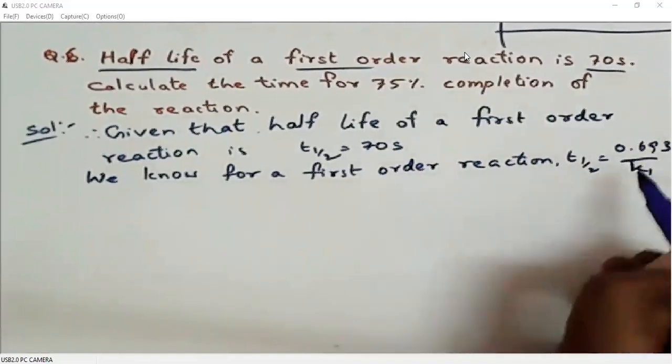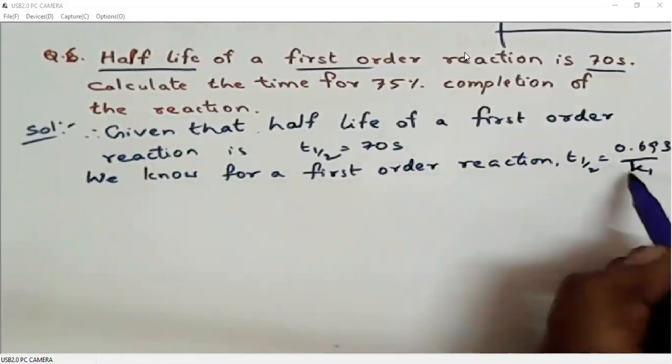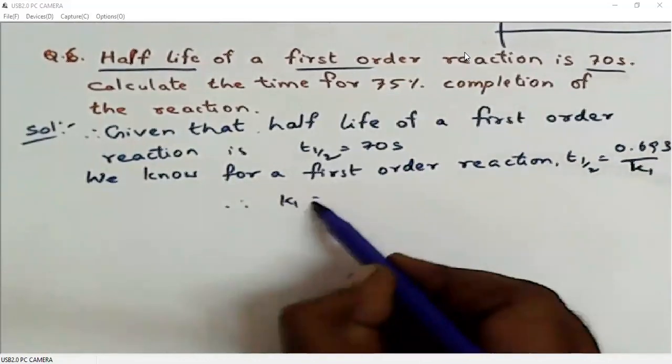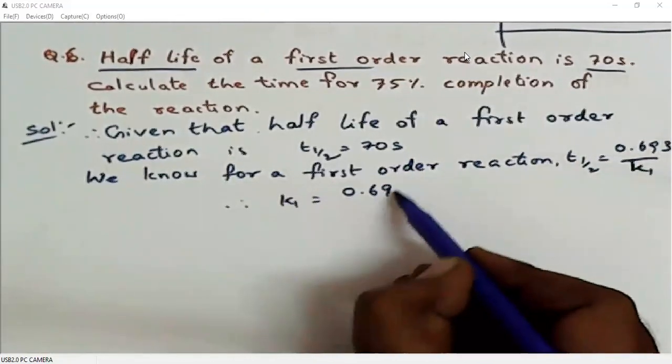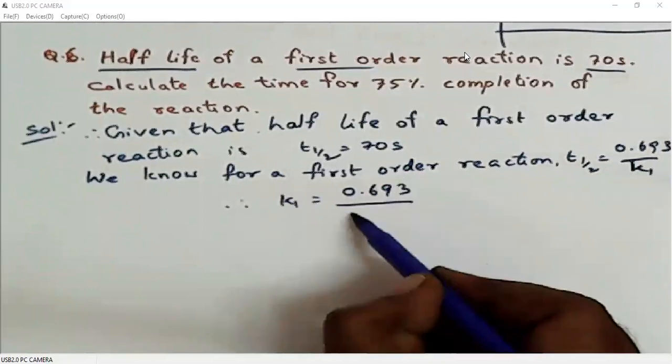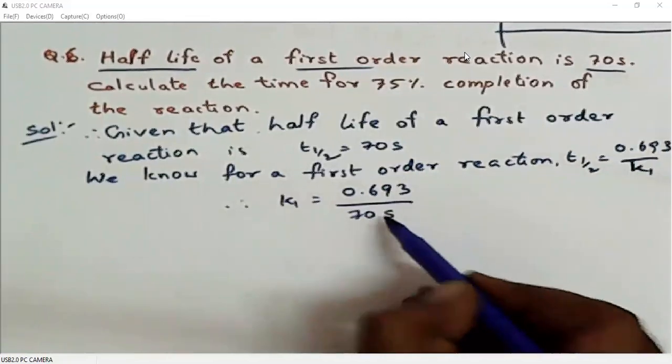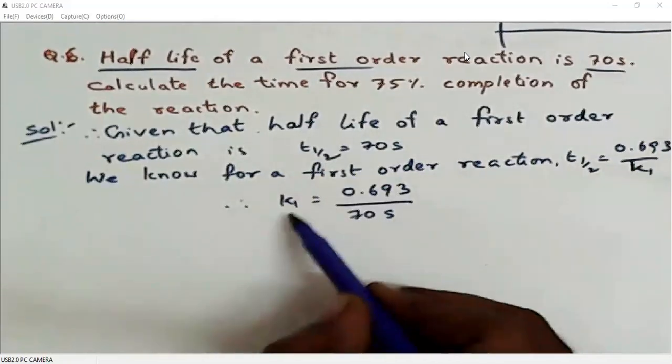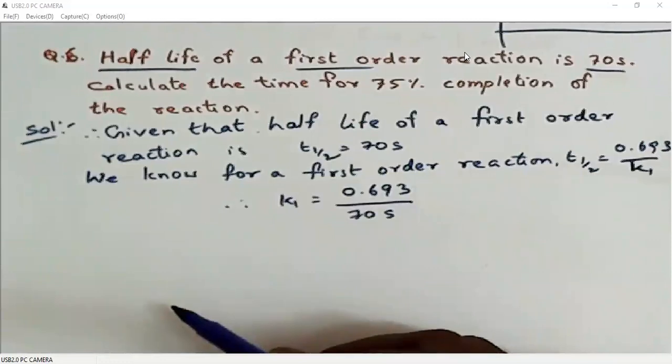So when we substitute T half value in this expression, what will we get? We will get the value of K1. Therefore, we will rearrange it. K1 is equal to 0.693 by T half. What is T half? 70 seconds. So when we are given T half, we can easily get the K1 value in a first order reaction.